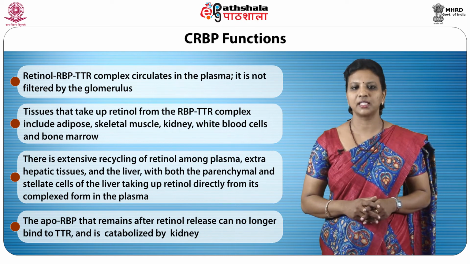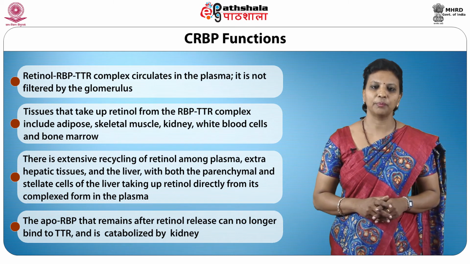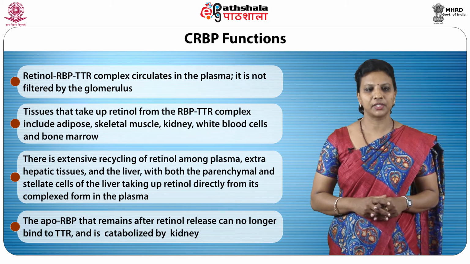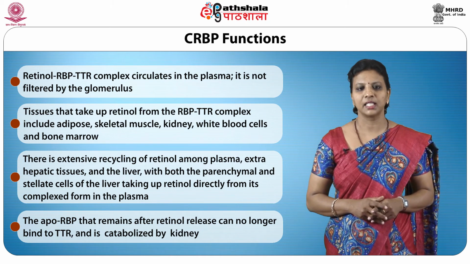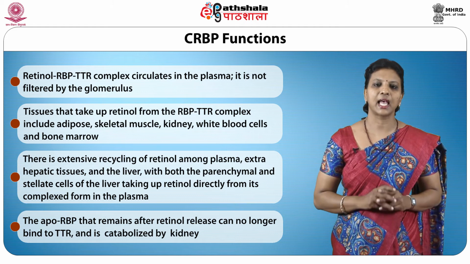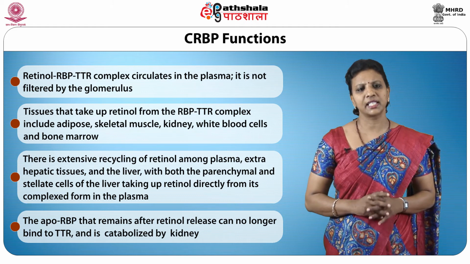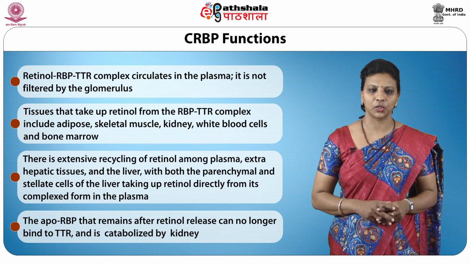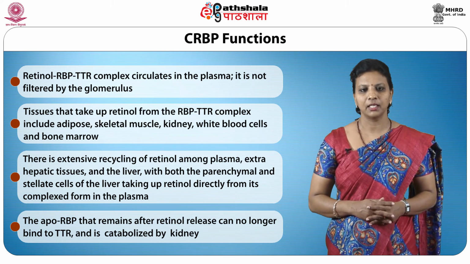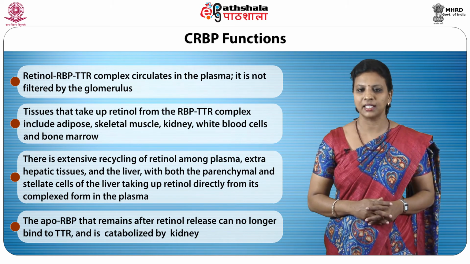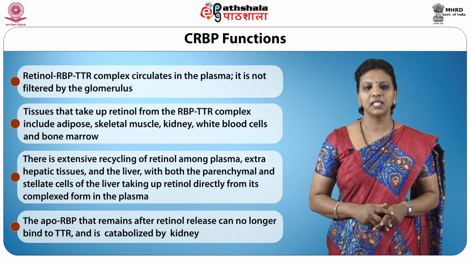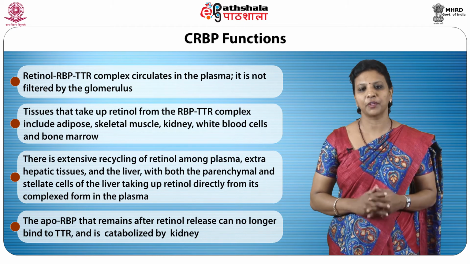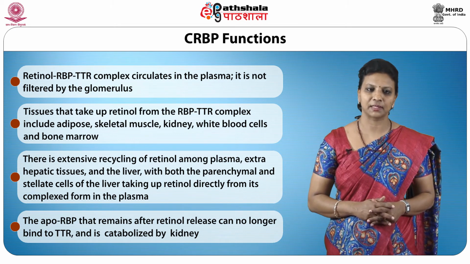Some tissues that take up retinol from the retinol binding protein transthyretin complex include adipose, skeletal muscle, kidney, white blood cells and bone marrow. There is extensive recycling of retinol among plasma, extrahepatic tissue and the liver, with both the parenchymal and stellate cells of the liver taking up retinol directly from its complex form in the plasma.